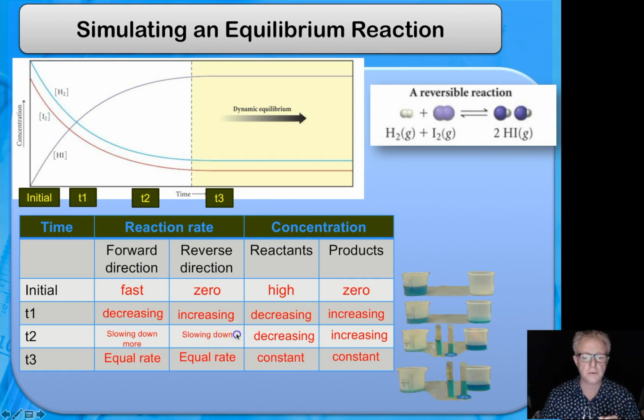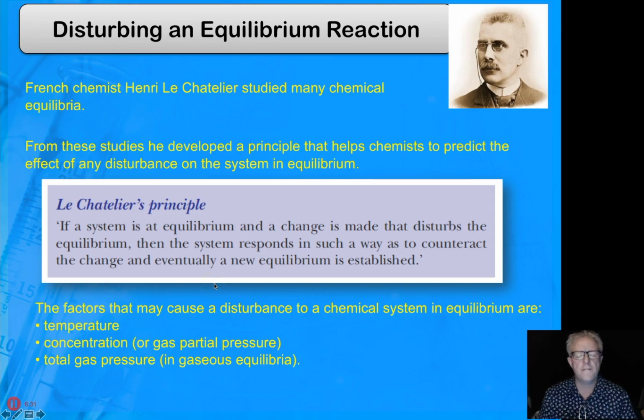It's at equilibrium. Now, a very famous chemist that we're going to be learning more about is called Henri Le Chatelier. He studied chemical equilibria and came up with the principle that is the foundation for describing how systems respond when their conditions are changed. So if we have an equilibrium reaction and we change the conditions, that reaction will respond in a certain way, and it's known as Le Chatelier's principle.